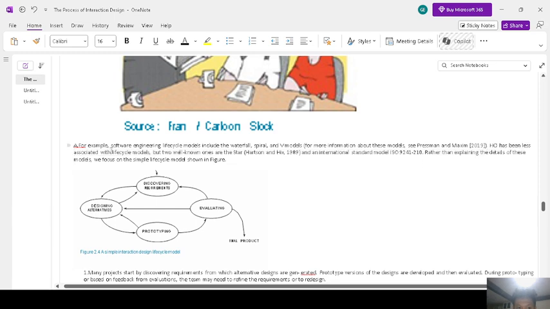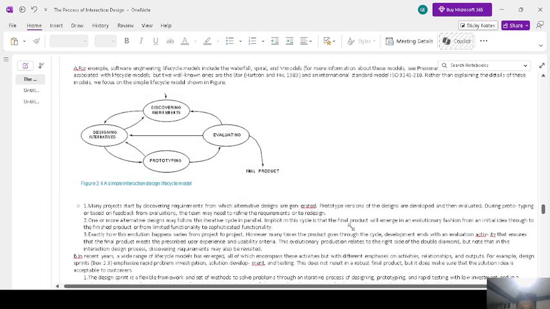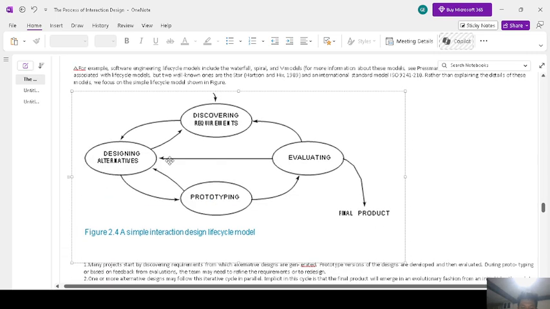HCI has been less prolific in life cycle models. Two well-known ones are Star, by Hartson and Hix in 1989, and an international standard, ISO 9241-210. Rather than explaining the details of these models, we focus on the simple life cycle model shown here. Design alternatives: then you discover the requirements, you evaluate, and then you test it via prototypes.